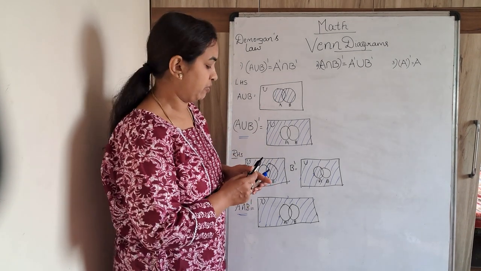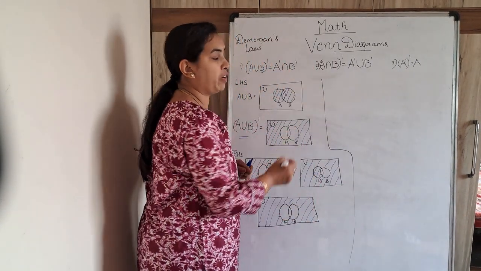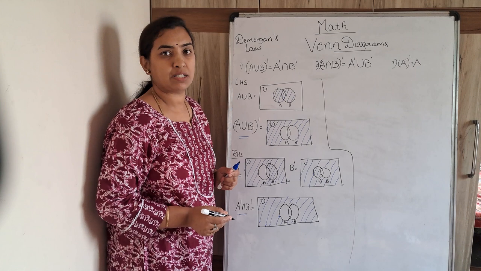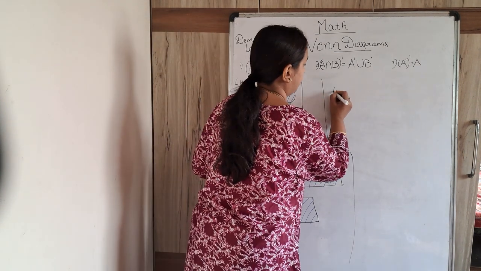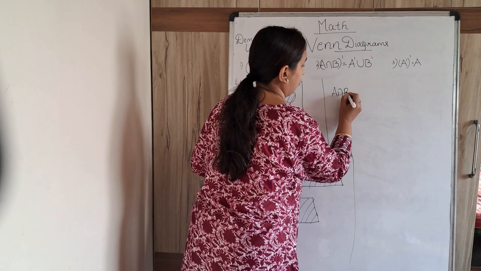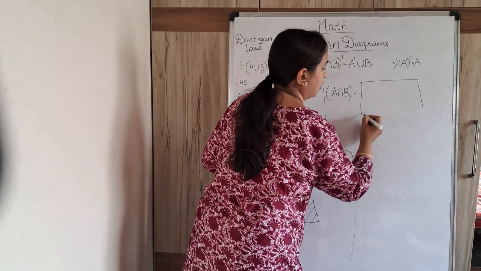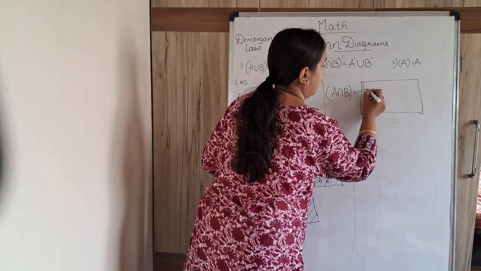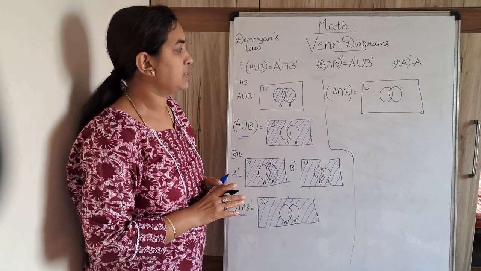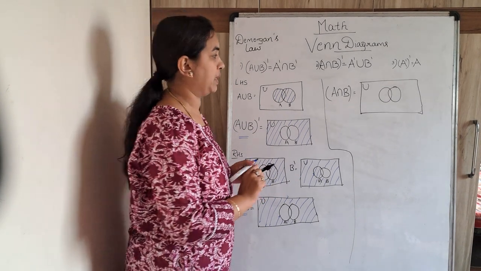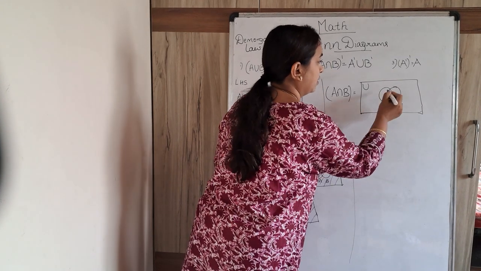Next we shall prove the second one. So in order to find A intersection B the whole dash, let us first write down the Venn diagram for A intersection B. For this again universal set and set A and set B. A intersection B means the common part between A and B. That is, this part has to be shaded.